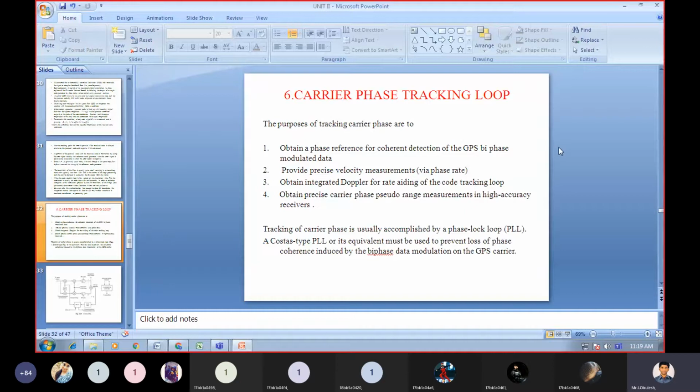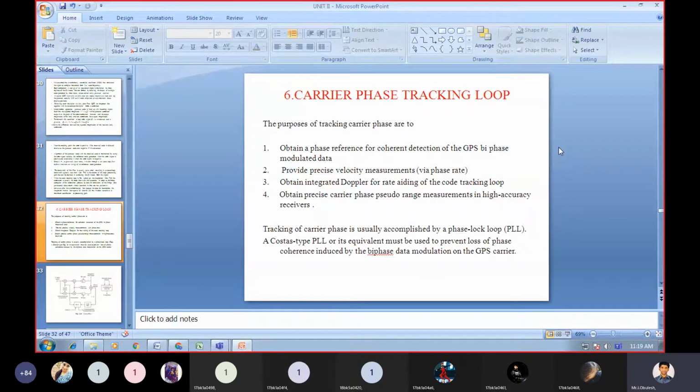The third one is to obtain integrated Doppler for rate aiding of the code tracking loop.